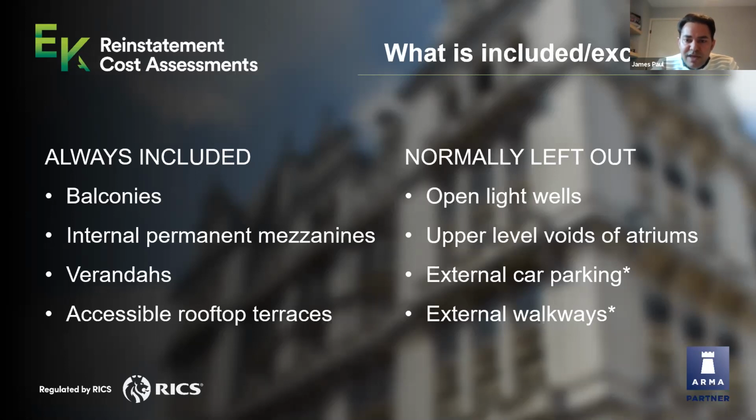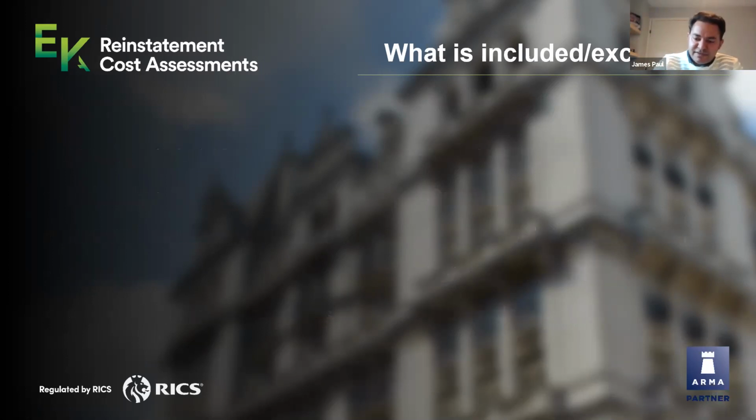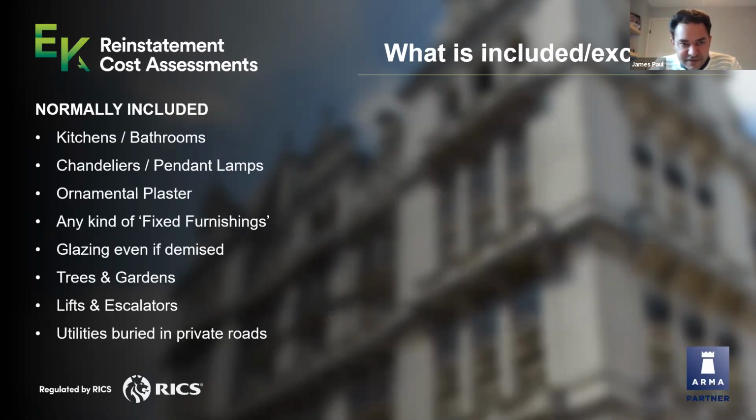And the way we normally calculate our RCAs, we normally leave out external car parking and external walkways from the area calculation, but then add them back in as separate calculations later, so they're still included in the overall building. Bit complicated, but it just leads to more real worldly figures.